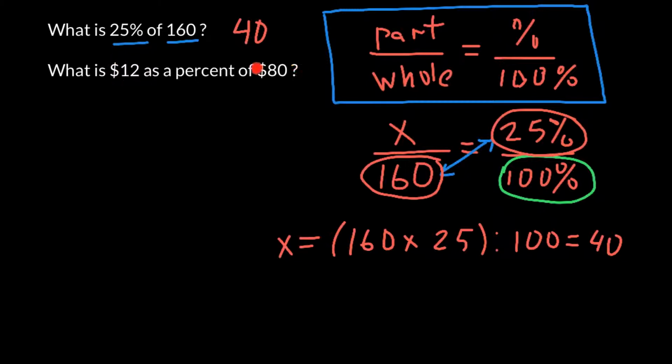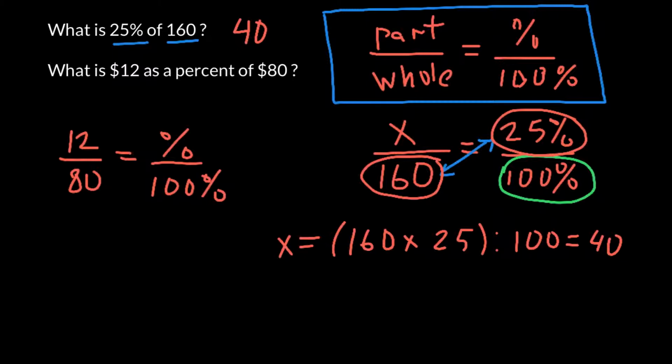We know part, we know whole. So let's use in our fraction part to whole. So it's going to be 12 to 80, or 12 divided by 80, which would equal percent divided by 100%.